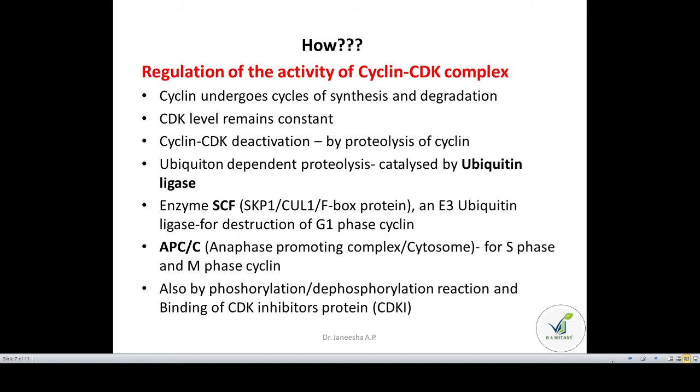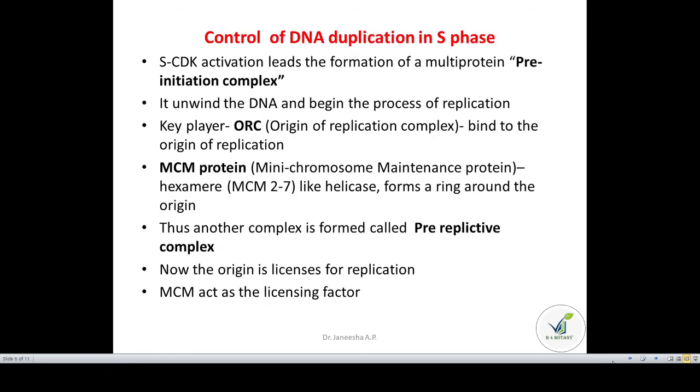The degradation of cyclin is the deactivation of the Cyclin-CDK complex, which can also be done by phosphorylation or dephosphorylation reactions, and binding of CDK inhibitor proteins, generally called CDKI. So this is about the cyclin and CDK complexes.